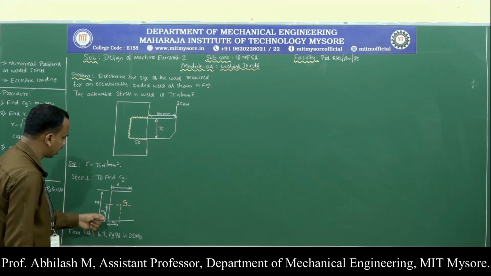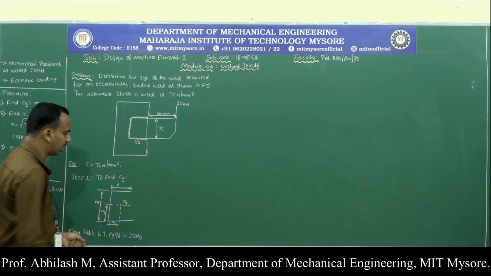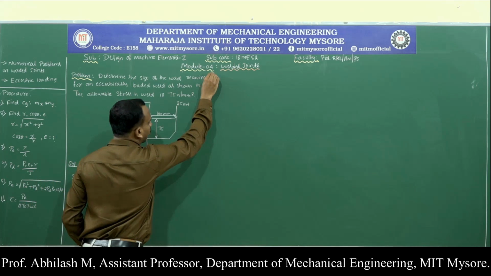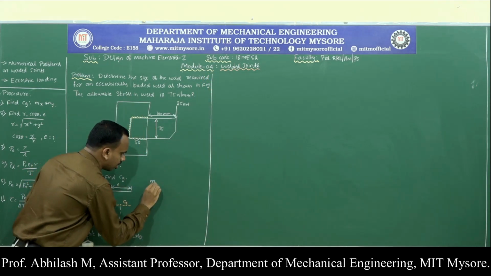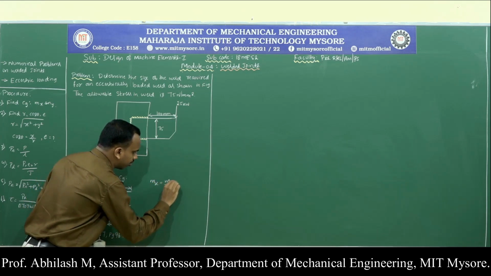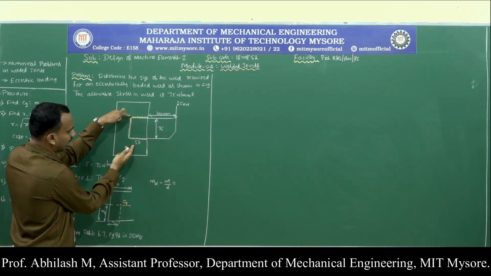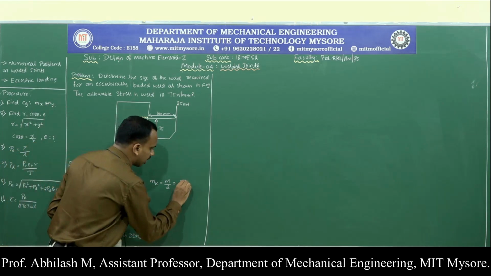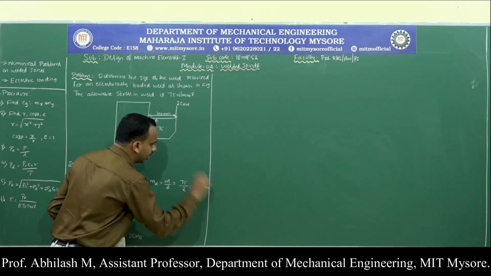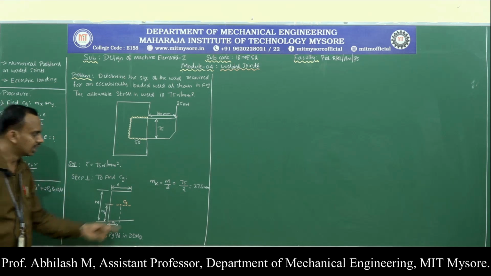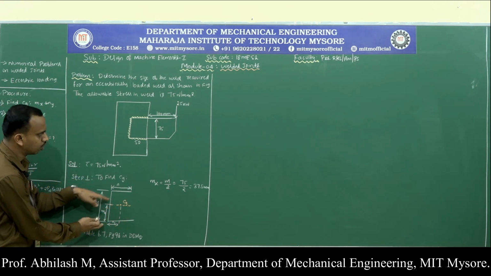So how to identify the value of Mx and Ny? Mx will be equal to M divided by 2, since it is exactly at the center. We know the M value is 75, so 75 divided by 2 gives us the value of 37.5 millimeter.